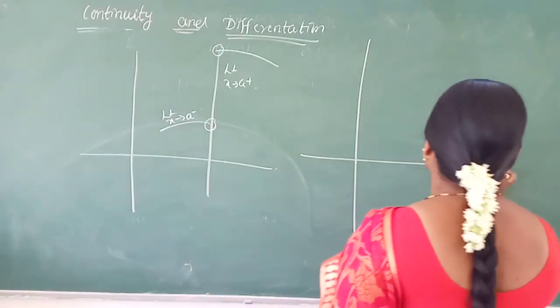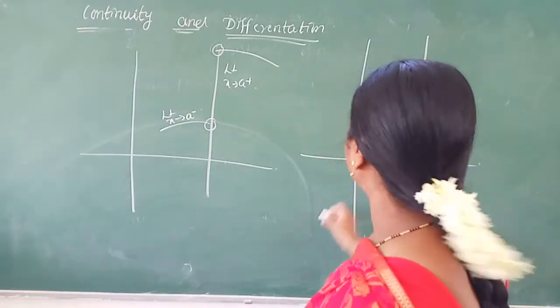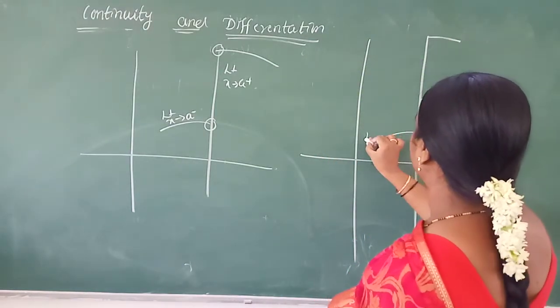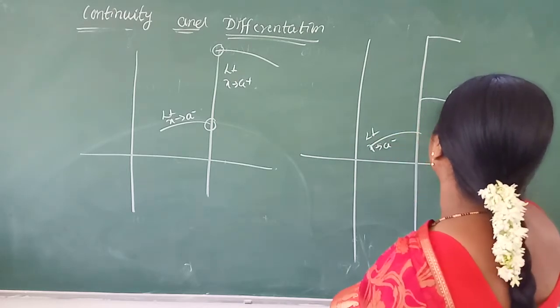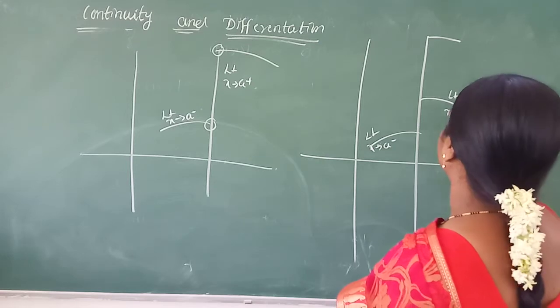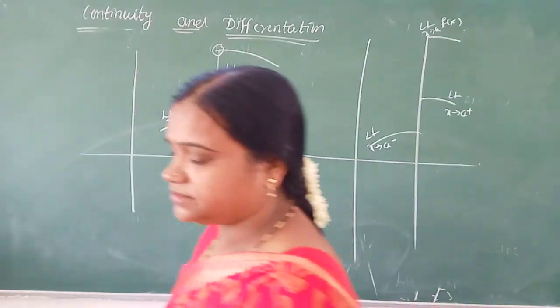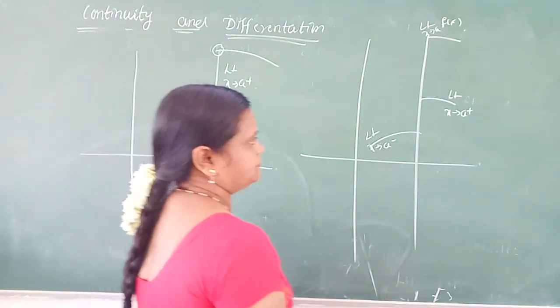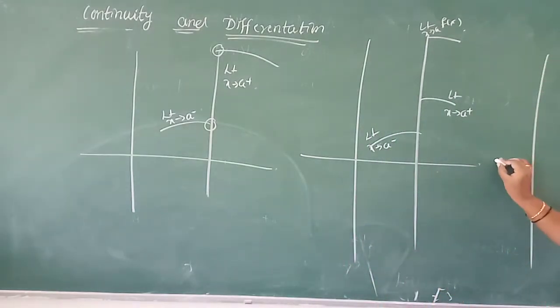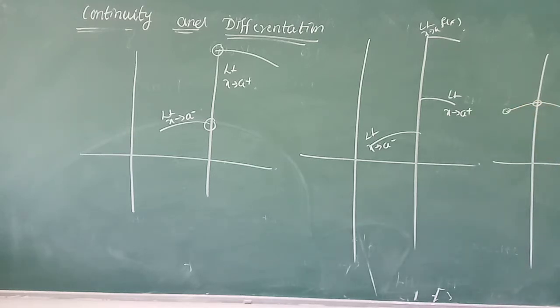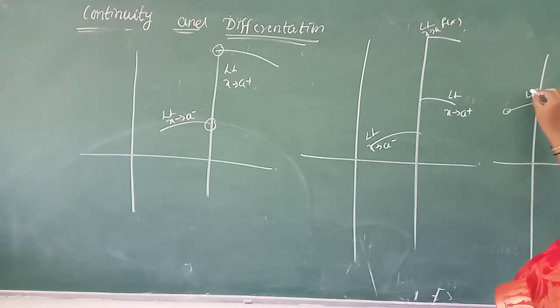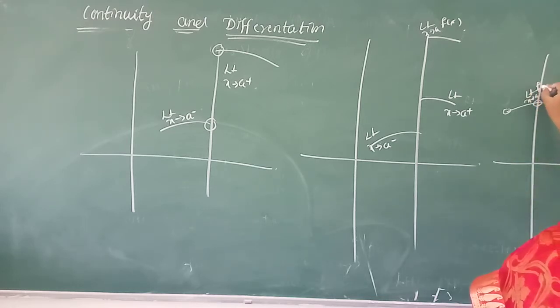Next, limit as x tends to a minus, limit as x tends to a plus, and limit as x tends to a of f of x.